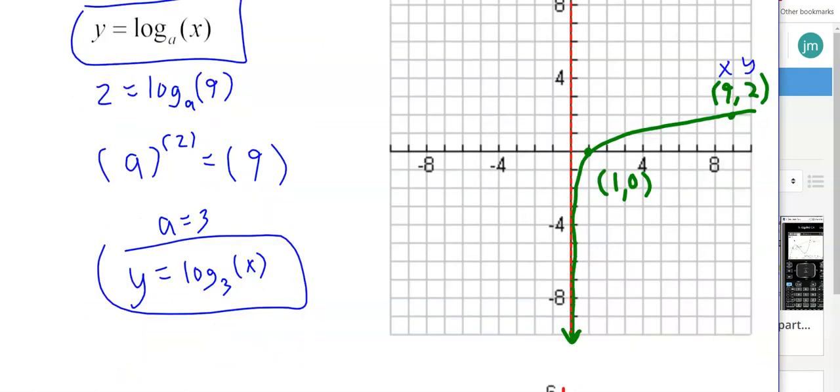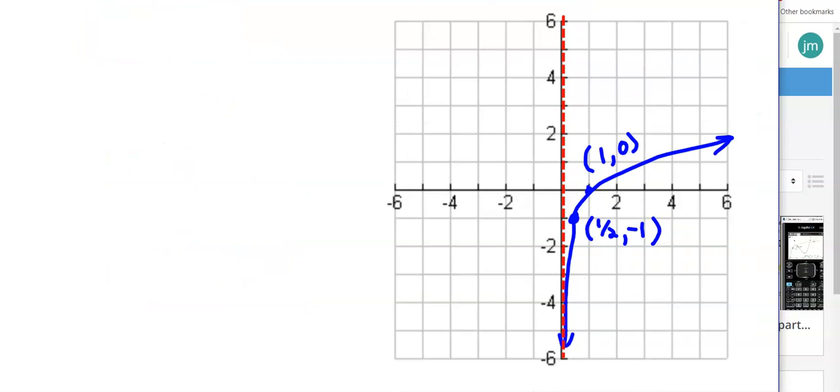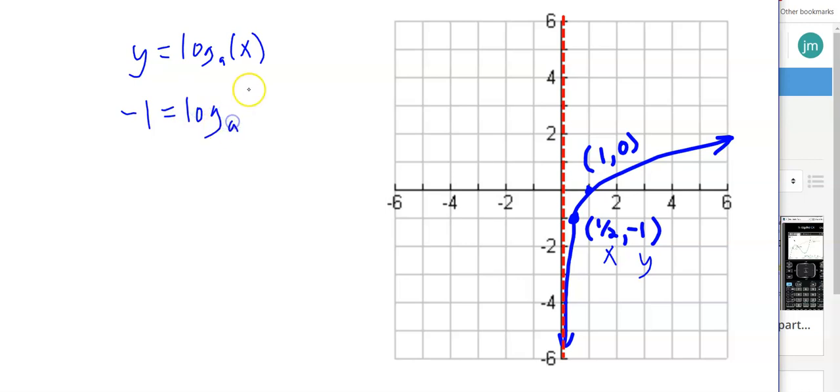Let's try another one. This one might be tougher. Okay, same thing. We have y equals log. There's no transformations on this one. It's just a basic graph. I would definitely choose this point as your x and y. It's going to be a little tougher to solve. Let's see what happens. -1 equals log base a of 1/2.